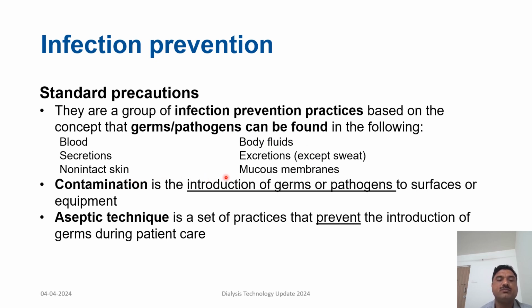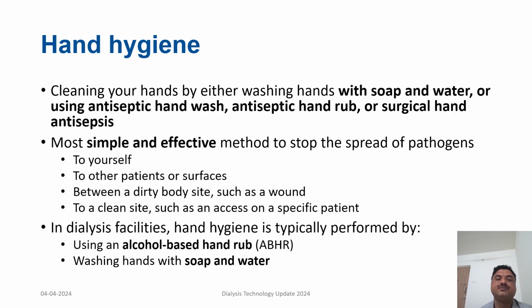The reservoir could be blood, secretions or body fluids, excretions, non-intact skin, or a mucous membrane. When we say contamination, the germ or pathogen has gained entry onto a surface or into equipment, and that is when aseptic techniques are very much required, which prevent this spread of germs on these surfaces or equipment.